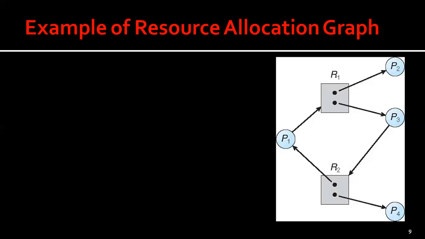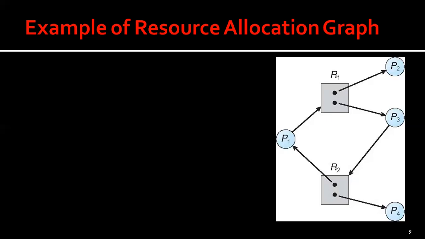Because if you observe, P4 may release the instance of the resource R2, because that resource can then be allocated to P3, breaking the cycle.